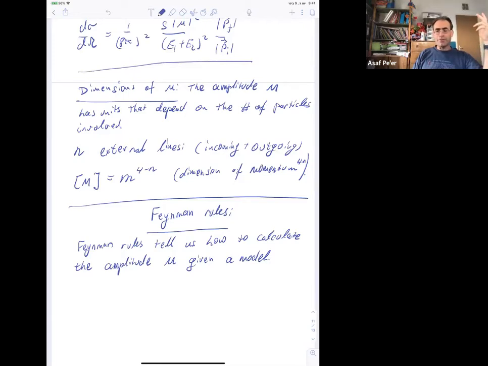When I speak about different models, I'm going to introduce you now to the rules for a model that doesn't really exist. I'm going to use scalar fields, but in reality we have vector bosons, and the fermions, which have spins. Right now, I'm going to skip this part and introduce you to the rules for scalar, spinless particles, something that doesn't really exist.